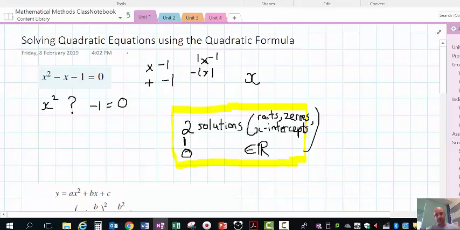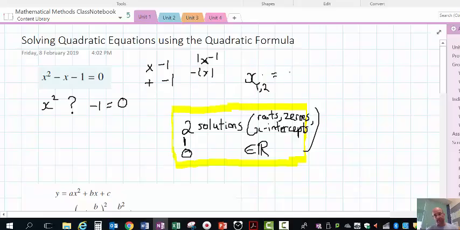Getting back to this quadratic formula, it's complex, but it's something you need to know. So here we go. We've got x equals, x means the roots. Some people even put 1, 2 there, meaning there could be two.